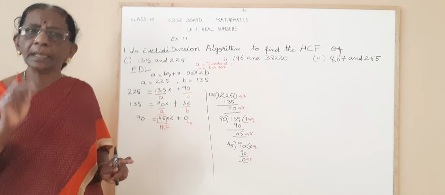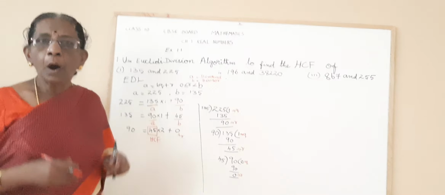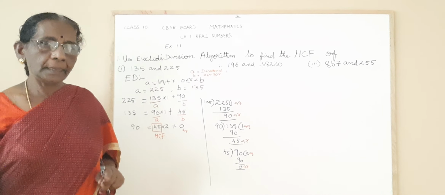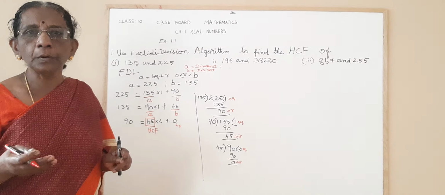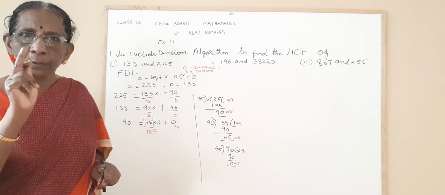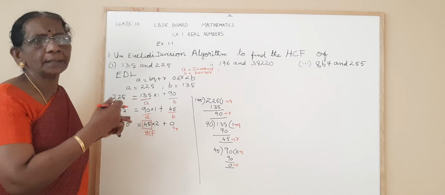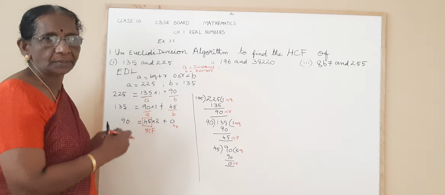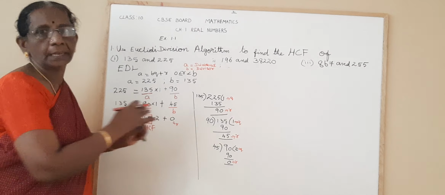Children, in this you may get a question for 1 mark. What is the question? How many steps you need to find the highest common factor of the given numbers using Euclid's division algorithm. You may get a 1 mark question from that. At that time you have to do it fast and find the steps. How many steps? 3 steps we need.